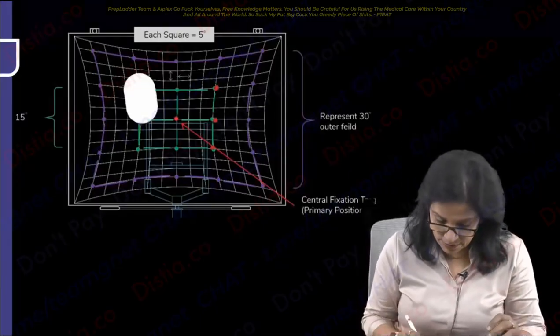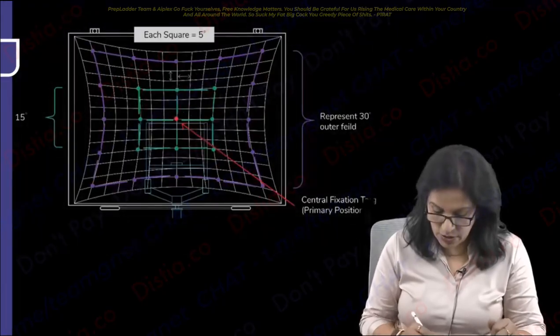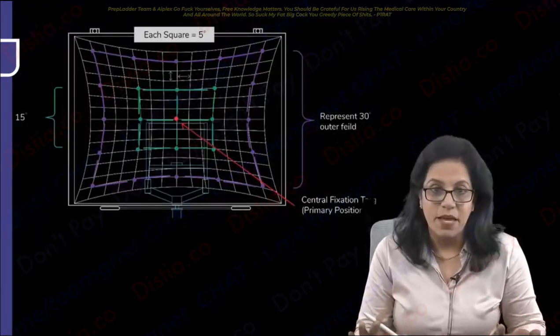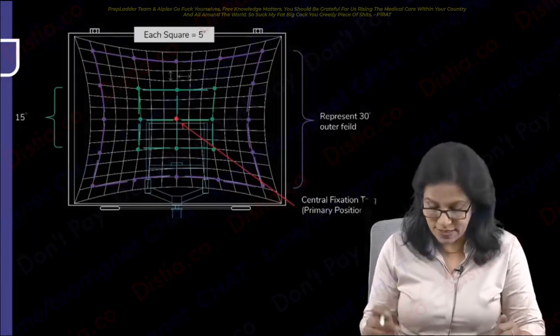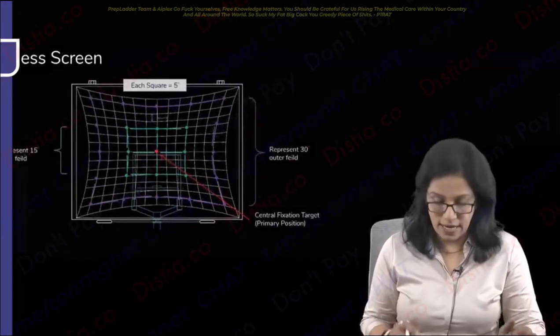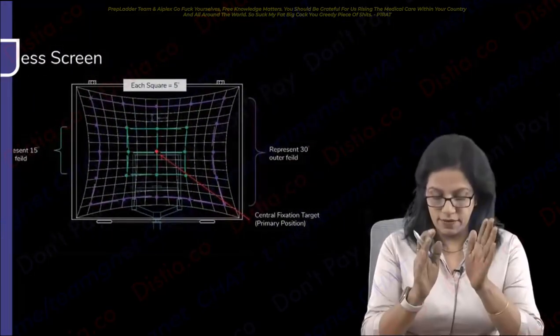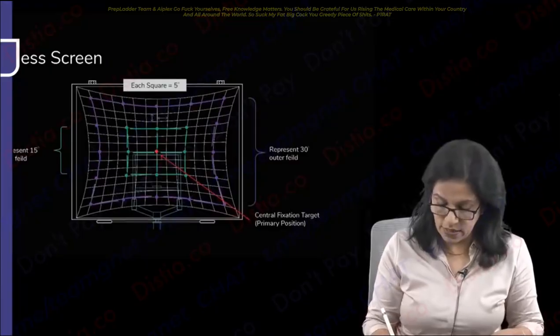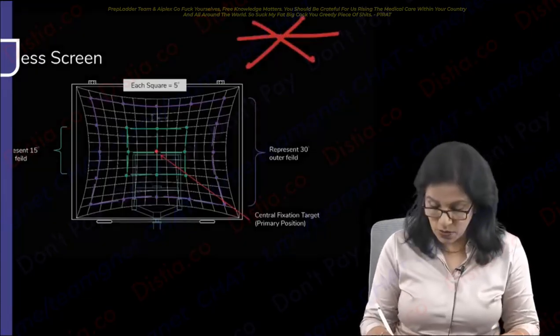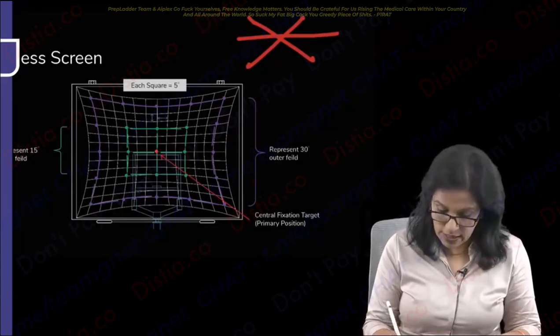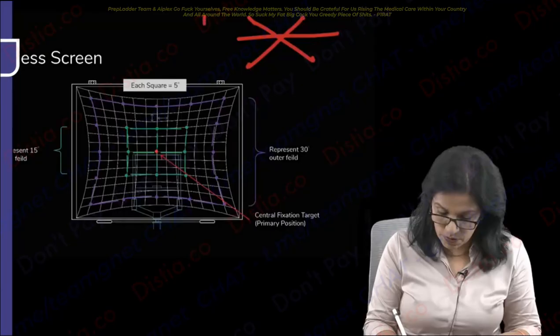Now what happens? I can also chart in a bigger field like 30 degrees. What do you think these muscles indicate? Go back to your yoke muscles. If this is the chart and if I say left eye and right eye, I'm going back to our basic diagram. So you know that, if this was a right side, this action is denoted by lateral rectus.